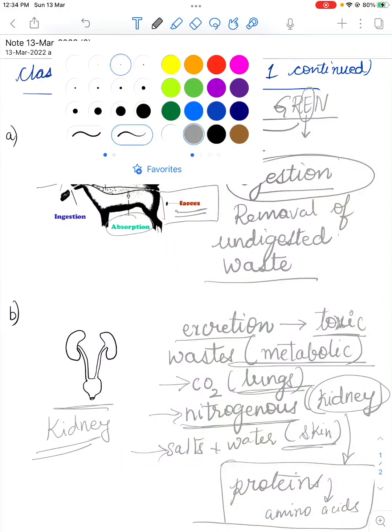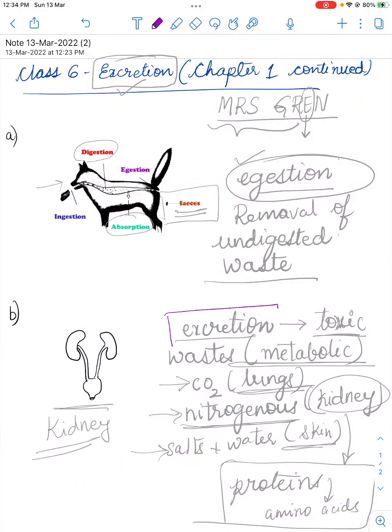Excretion and egestion are not the same. They are totally different. While egestion is the removal of undigested waste, which is also toxic, it doesn't mean that they are not toxic, but this is the removal of undigested waste from the body in the form of fecal matter, while excretion is the removal of toxic waste formed as a result of metabolic reactions.